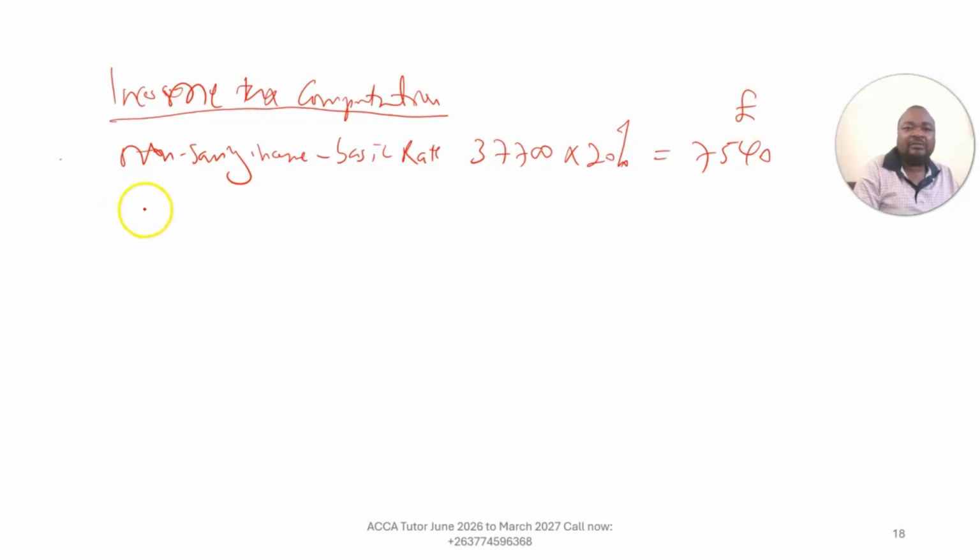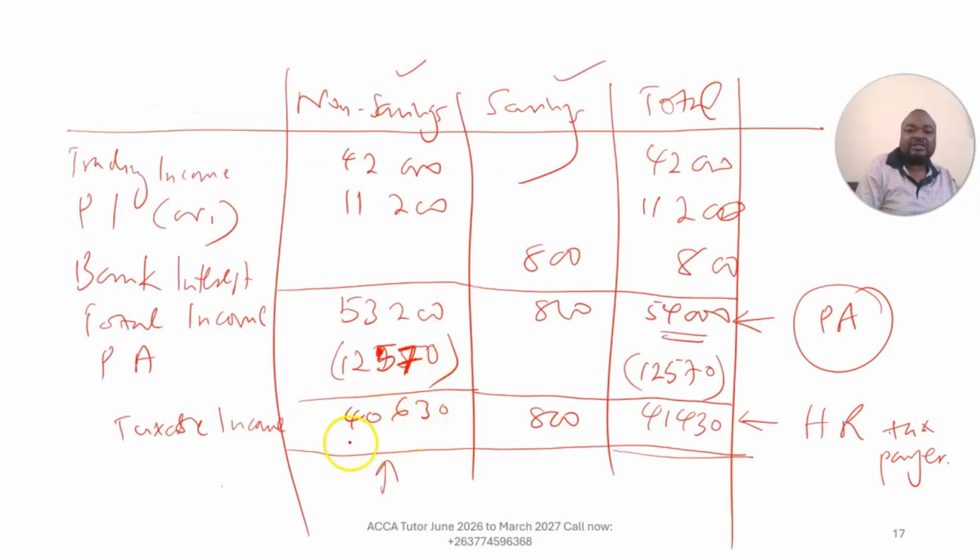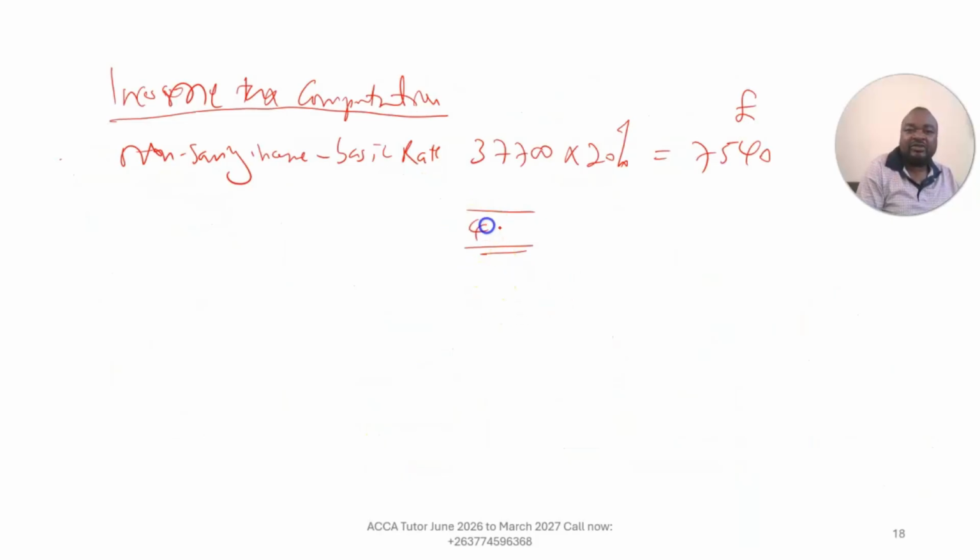Remember, the total of the non-savings was 40,630. This is the amount we are talking about, so everything you are going to do should add up to that amount. So what is the balance, the outstanding amount there? That's 40,630 minus 37,700. This should come to 2,930.